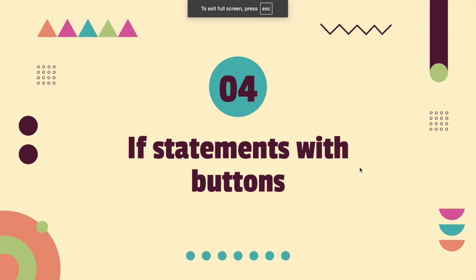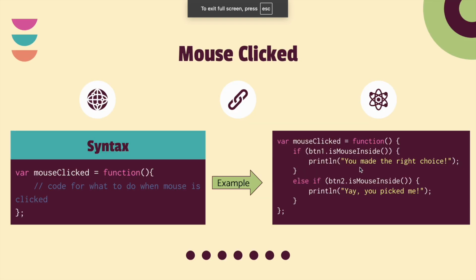So now we'll be going over if statements with buttons. For mouseClicked, the general mouse click notation is that you have var mouseClicked equal to function, and you put whatever code you want inside of the curly braces. If you want to check if certain conditions are true and only do things after that is true, you can go ahead and use if statements.